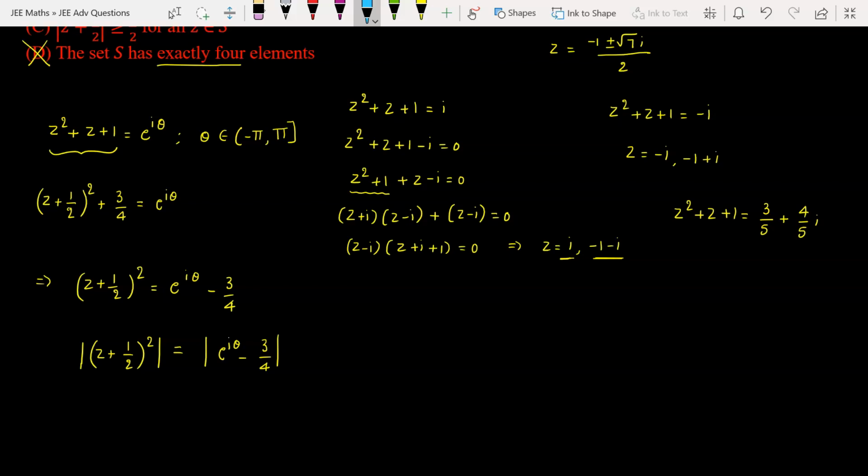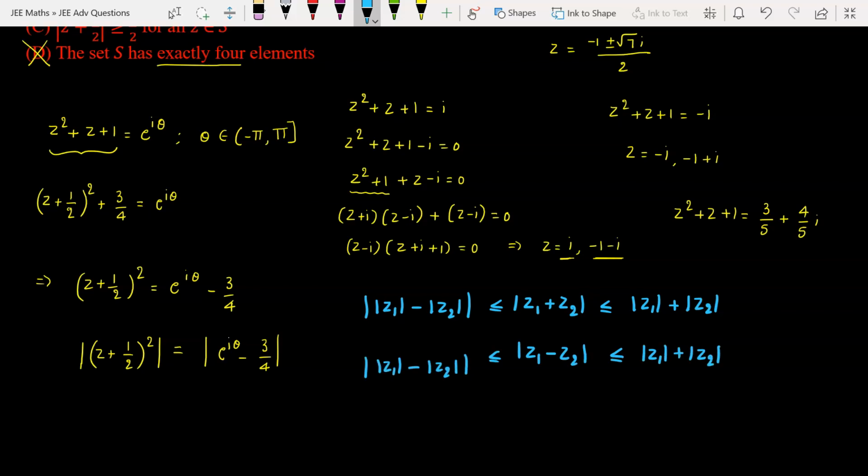Triangle inequality says that modulus of z1 plus z2 is always less than or equal to mod z1 plus mod z2, and this is always greater than or equal to the modulus of mod z1 minus mod z2. In fact, we can have minus also over here. So these are triangle inequalities.